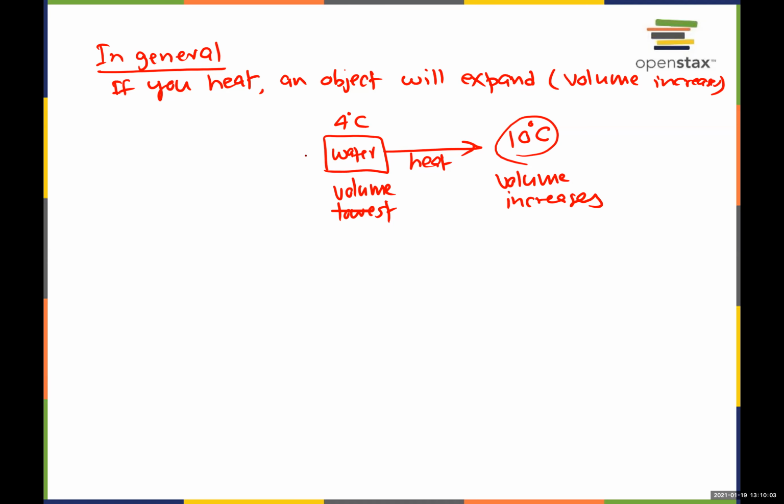But if you cool, if you go to this side, say the water is still water but at 0 degrees Celsius, the volume also increases. This does not generally happen. In general, if you heat, volume increases. If you cool, volume will decrease.